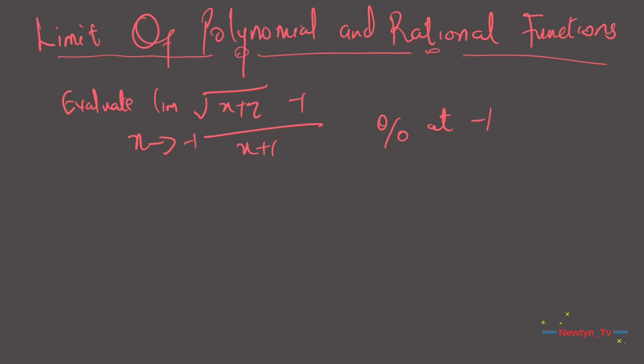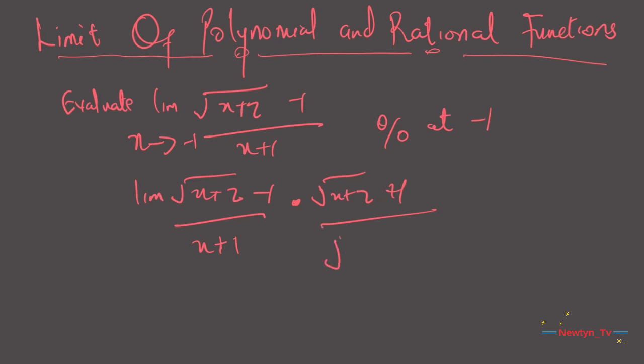Okay, so if we do that, we are going to get the limit of the root of x plus 2 minus 1, over x plus 1, multiplying the root of x plus 2 plus 1 over the root of x plus 2 plus 1.